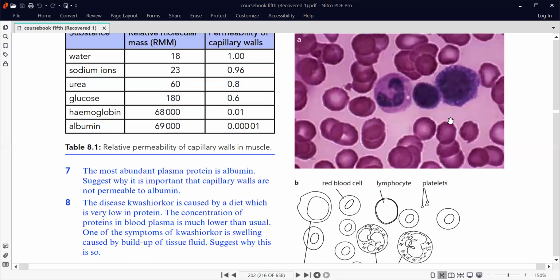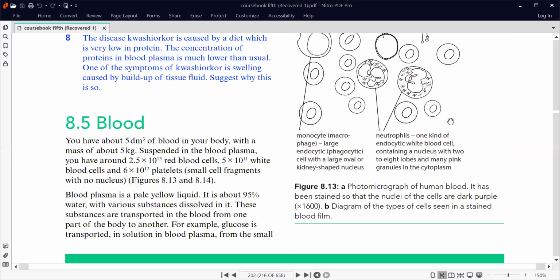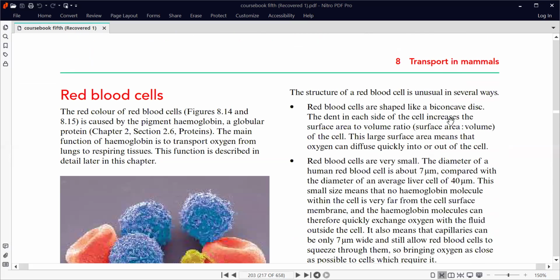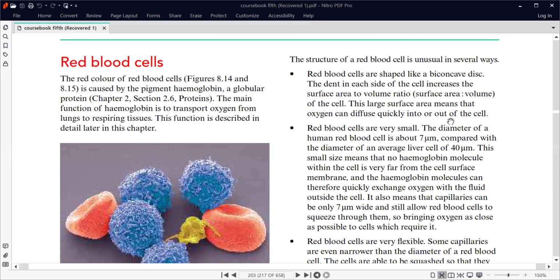Here you can see they are showing us the red blood cell. The red color of red blood cells is visible because of the iron-containing pigment known as hemoglobin.